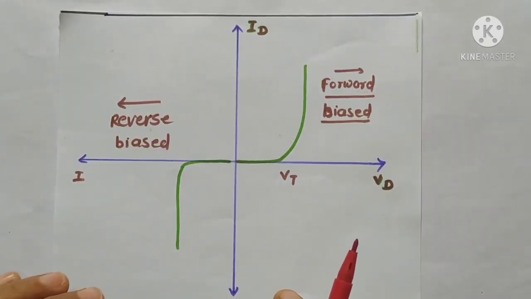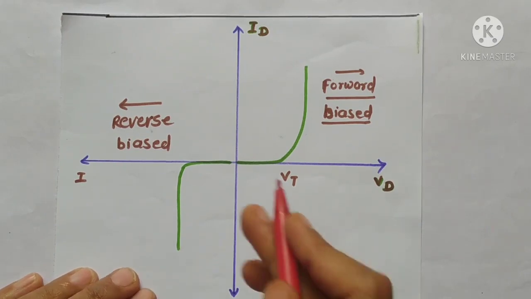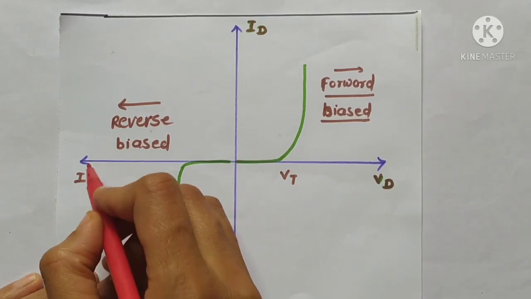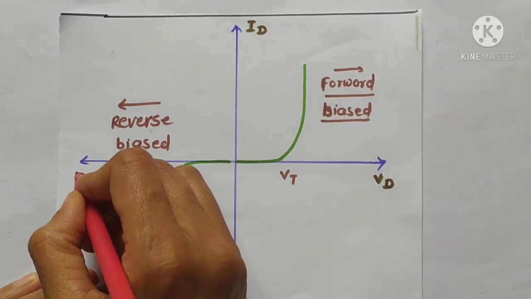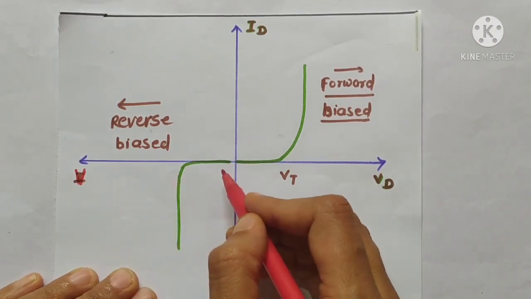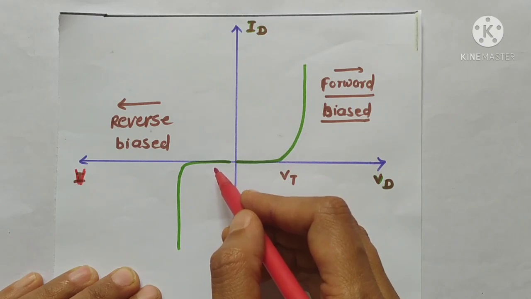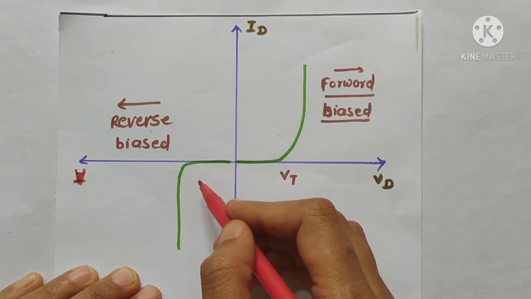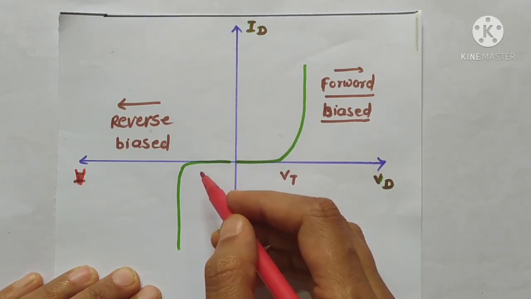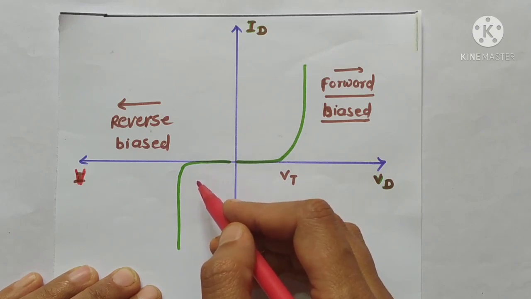Now, as I said earlier, this reverse saturation current does not change much even if we increase the reverse bias voltage, but there is a limit on the maximum reverse voltage which can be applied to this PN junction.